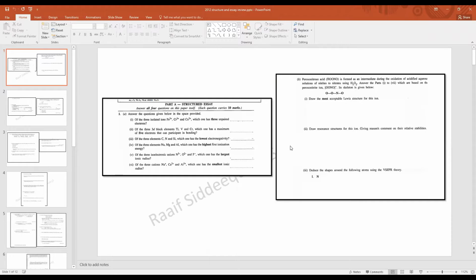If you can remember about HNO3, nitric acid, the nitrate anion, the oxygen is connected like this. Do you agree on that or not?